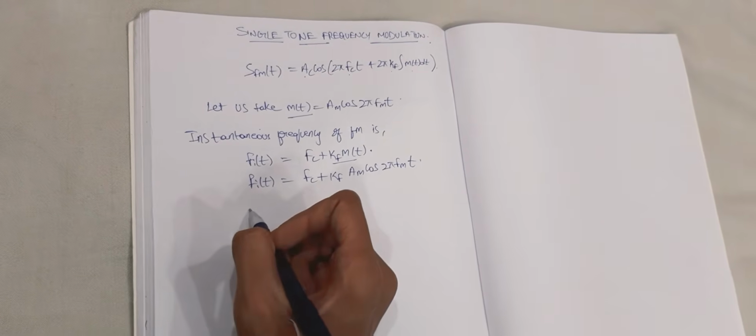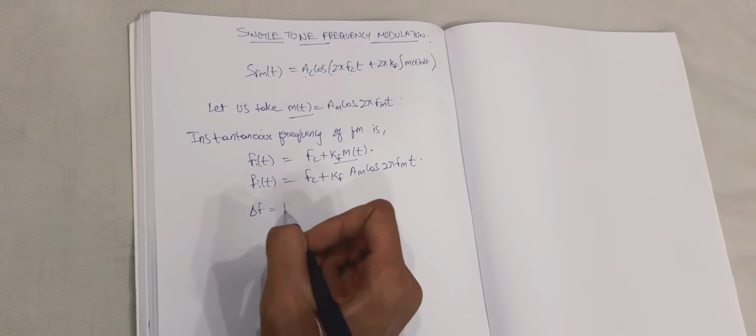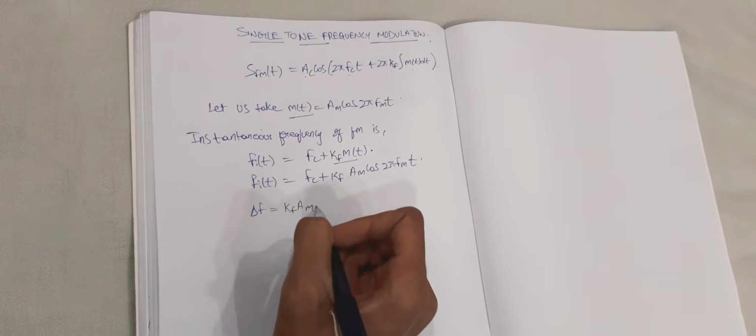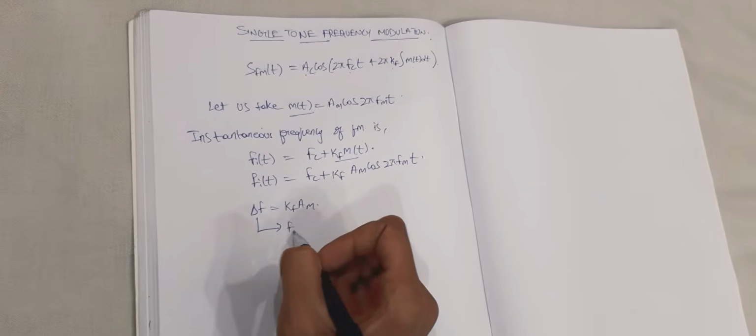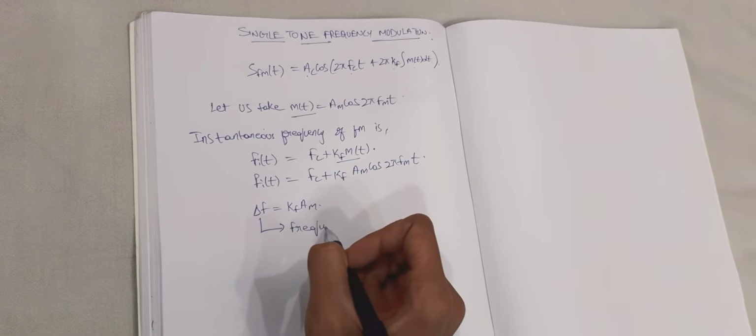Now let us assume that delta f equals kf into Am. This delta f is the frequency deviation factor.